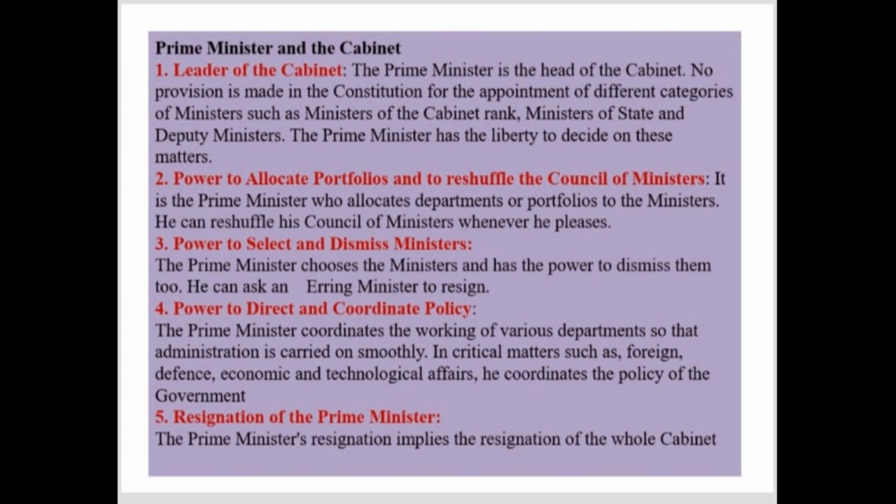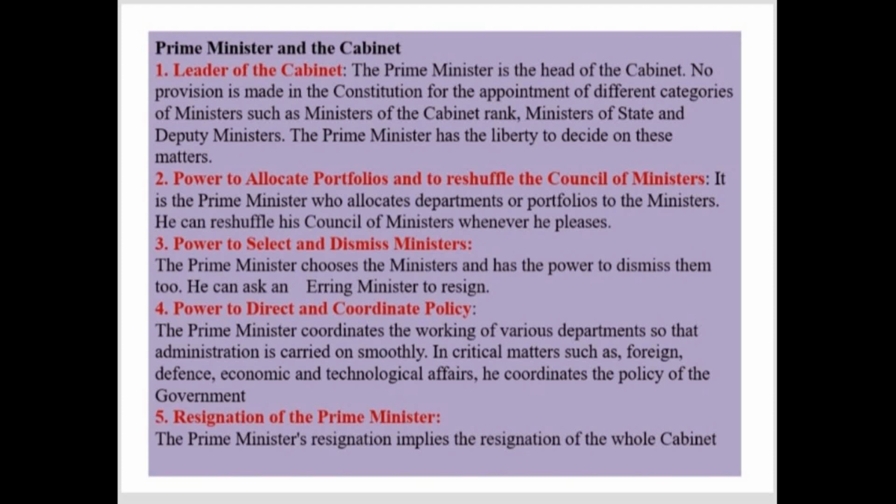He acts as the leader of the cabinet. The prime minister acts as the head of the cabinet. In general, in the constitution, there is no such categorization of ministers like we have studied, right? Cabinet ministers, deputy ministers and ministers of state.